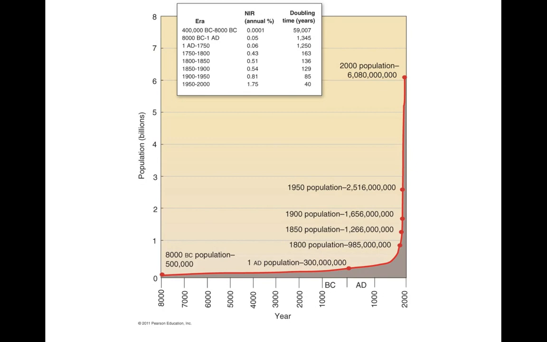And then all of a sudden in the year 1800, humans got smart about not killing each other, and your population begins to increase dramatically. So from the year 1900 to 1950, the population nearly doubles. Then from the year 1950 to the year 2000, the population triples. This population growth has only continued to grow.